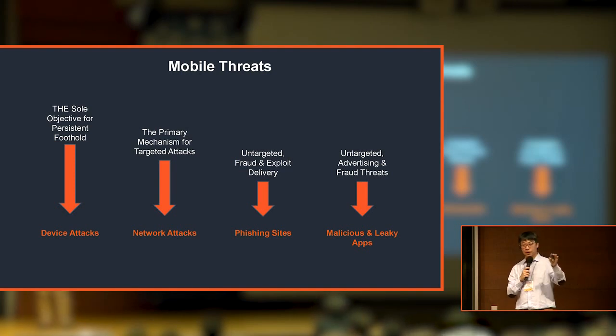So as a problem, we need to know, as a user, what applications are doing with the information that we have. Companies need to know what information is being leaked without users knowing.